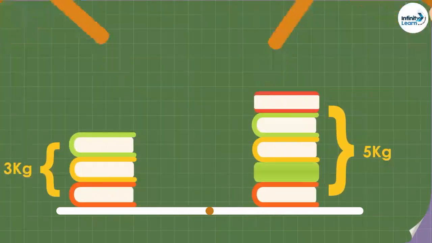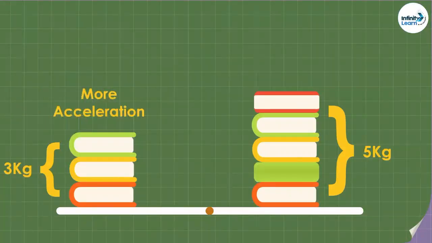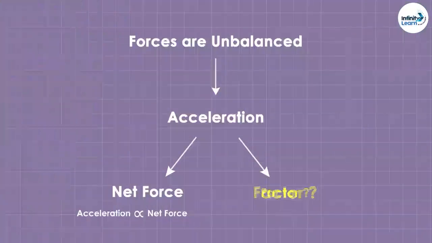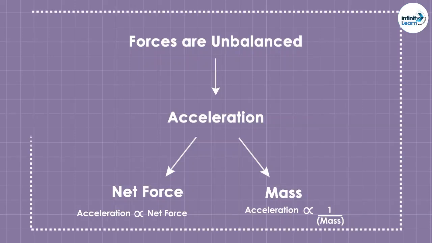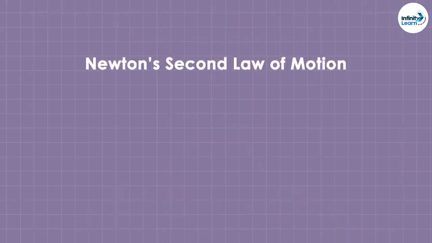Surely it's the 3 kg one because it has lesser mass. Lesser the mass, more the acceleration. And more the mass, lesser the acceleration. Hence we can say that acceleration depends inversely on the object's mass. If you understand this concept well, then understanding the second law of motion will be very easy.